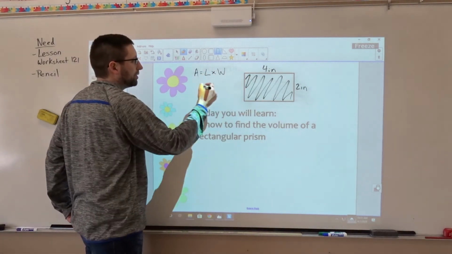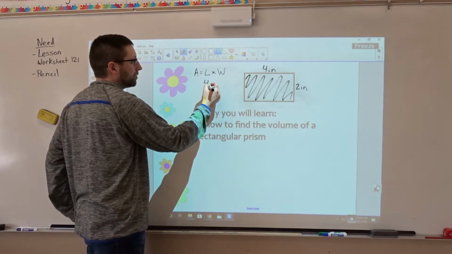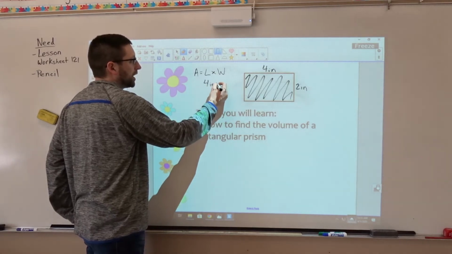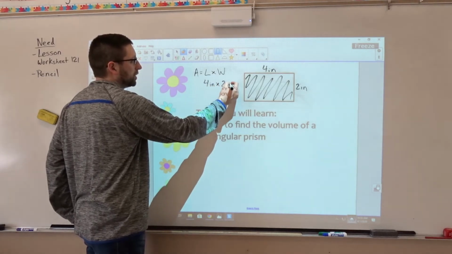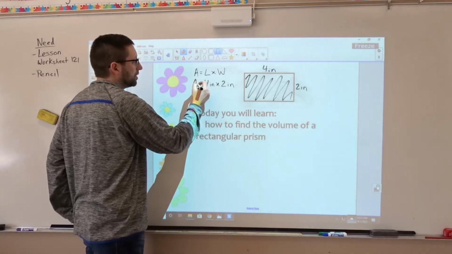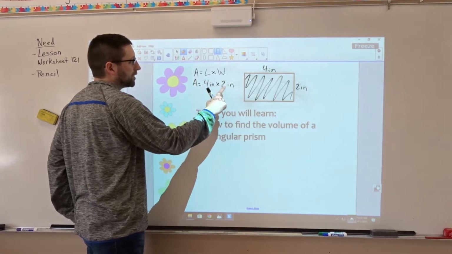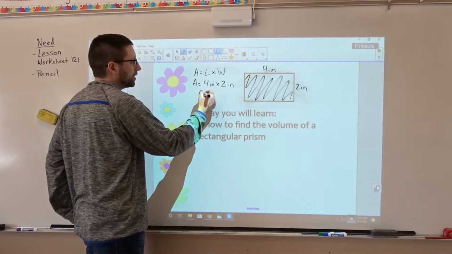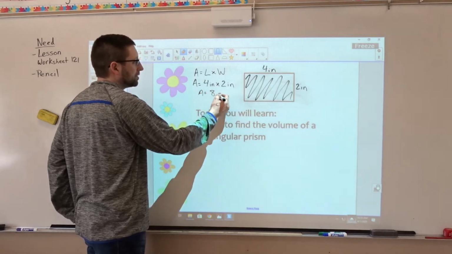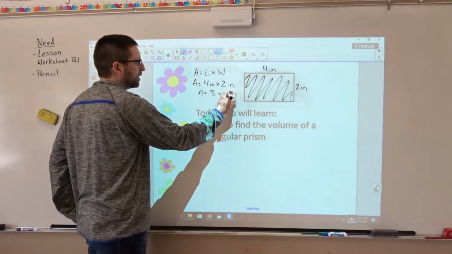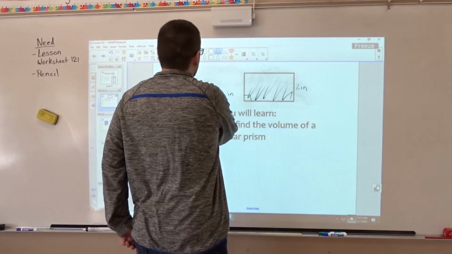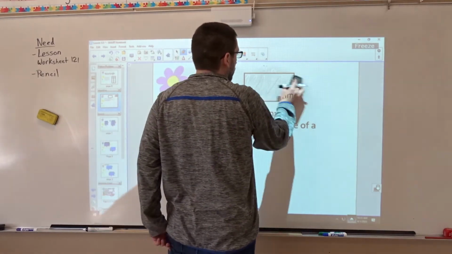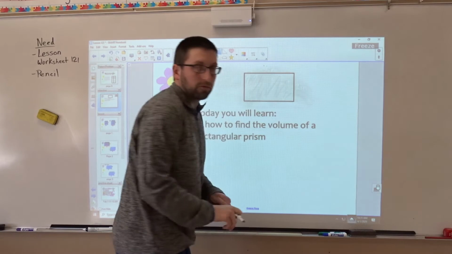And in this case it would be 4 is our length, 4 inches, times 2 inches. So area equals 4 times 2. My area was 8 square inches.